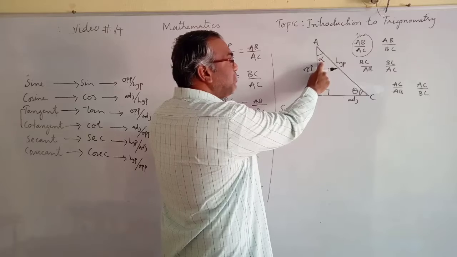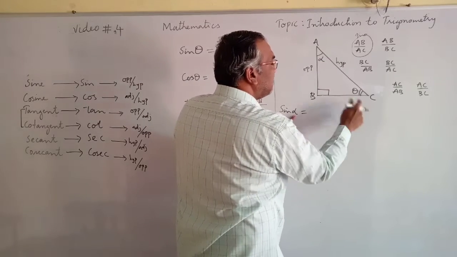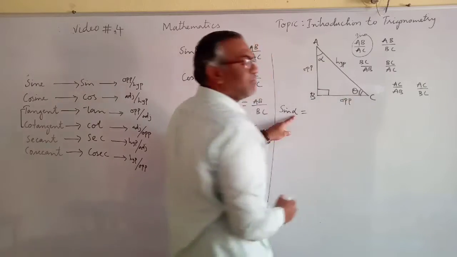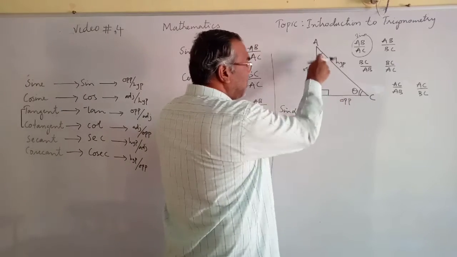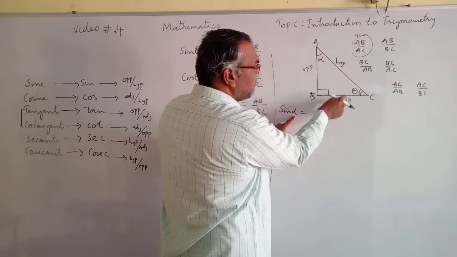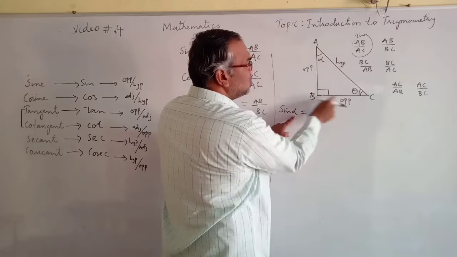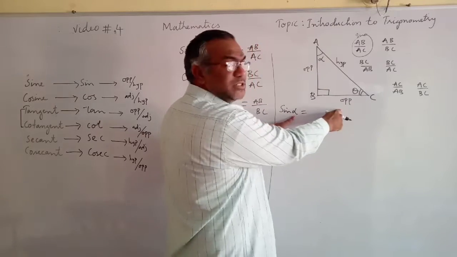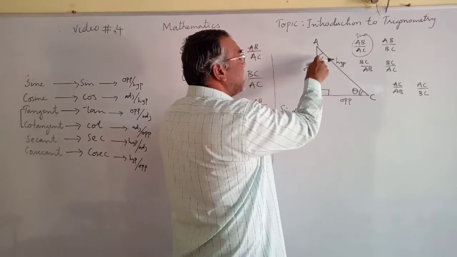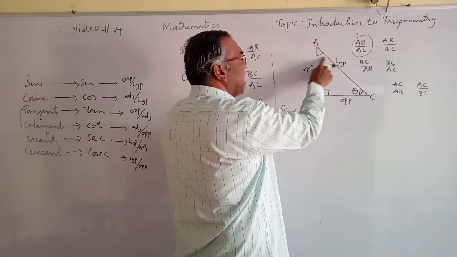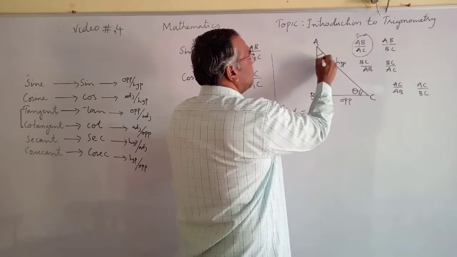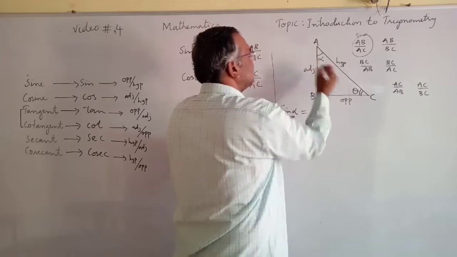So the side opposite to alpha will become opposite, and the side attached to alpha will become adjacent.